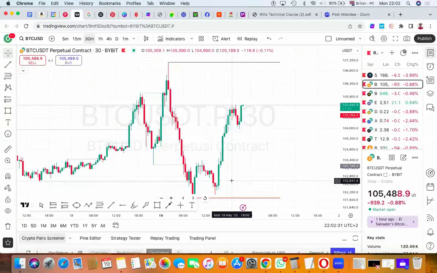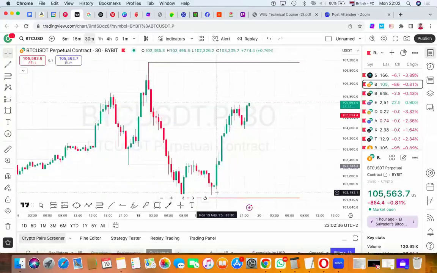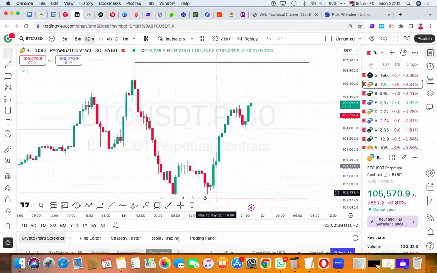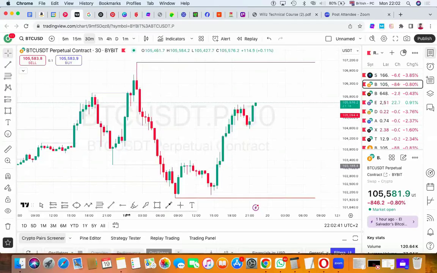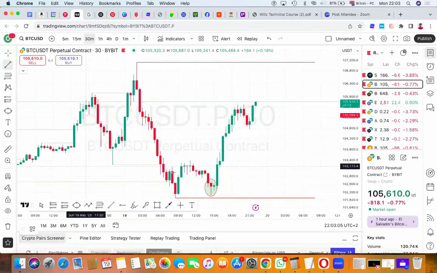So for example, you can see here, we have a hammer here, regardless of if it's a bearish candle, because it closes below, right? But you can see what price did here after. This is a perfect example as well.